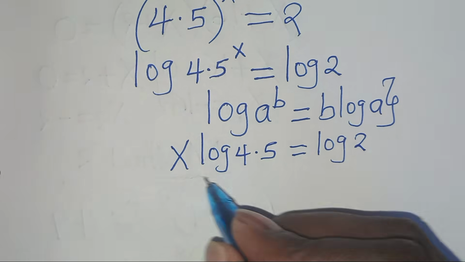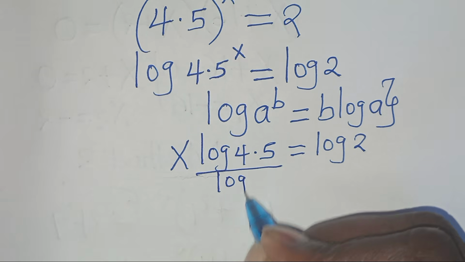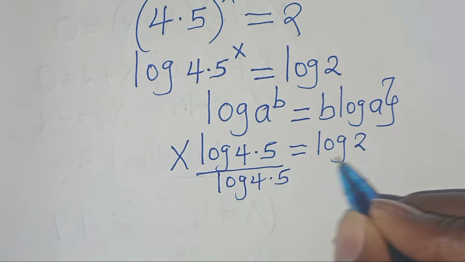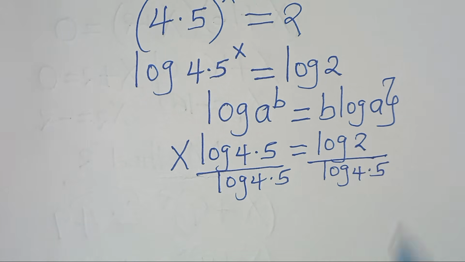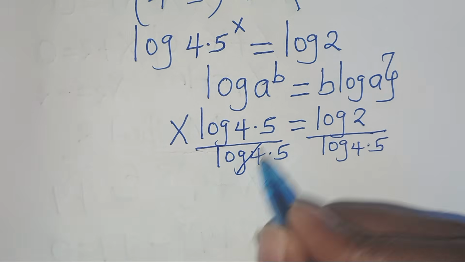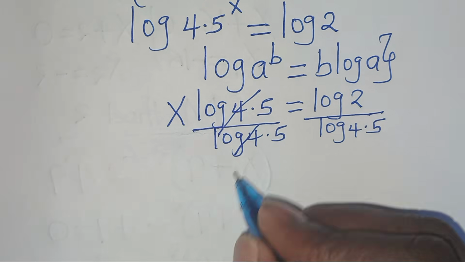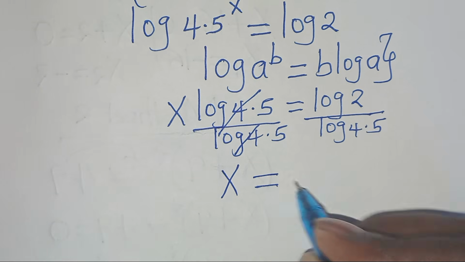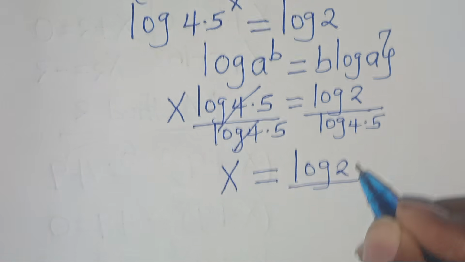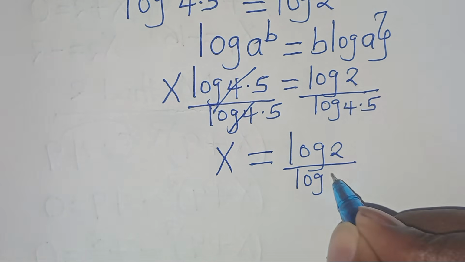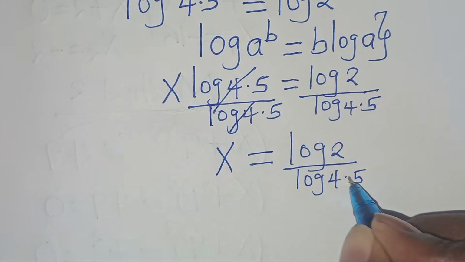So let's divide both sides by log 4.5. Let's simplify here, so that now we have x is equal to log 2 divided by log 4.5.